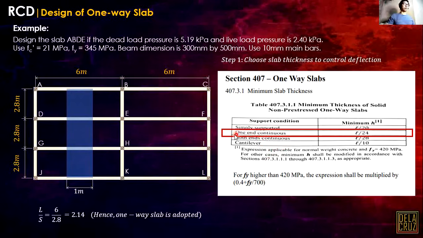So in this case, one end continuous, the minimum thickness h is given by this formula, L/24. And by the way, there is a statement here that for fy higher than 420 MPa, the expression shall be multiplied by this factor. Checking our fy, that is 345, which is less than 420 MPa.